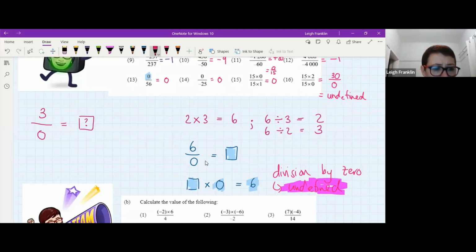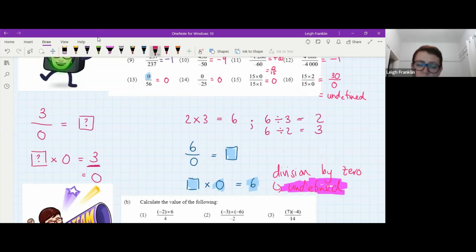Now let's take that number and times it by 0. Are we going to get 3 as an answer? No. Can you take any number and times it by 0 and get an answer that isn't 0? No, you can't. So this is wrong, because we cannot times something by 0 and get an answer that isn't 0. Our answer must be 0. And that is why division by 0 cannot happen.